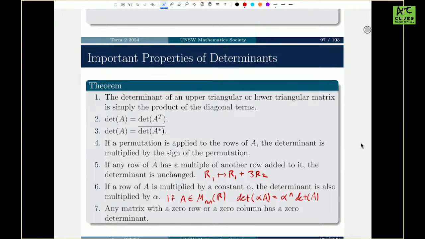So you have alpha times alpha times alpha for every row, and if you have n of them, you have alpha to the n times the determinant of A. So again, this was another question in the online Mobius. So useful fact, it's quite neat.